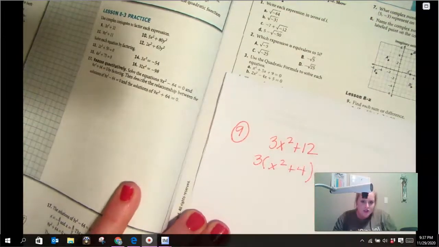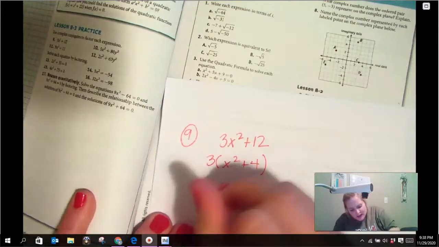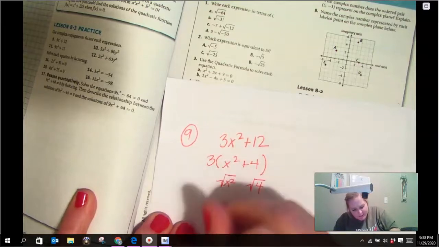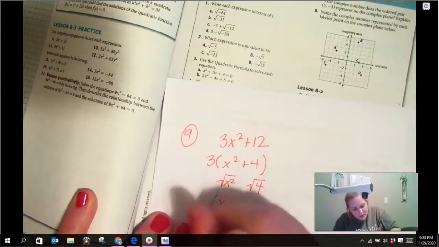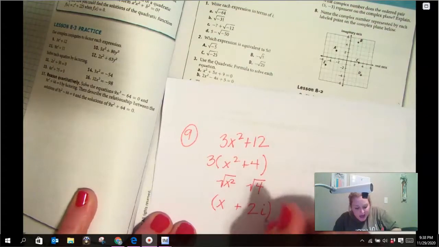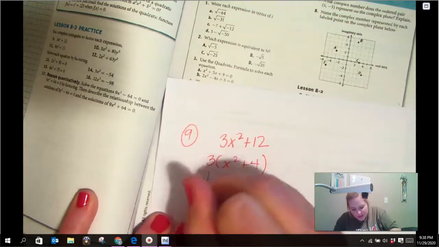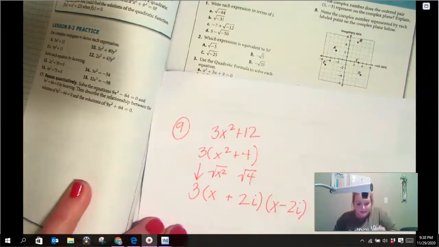That is your sum of squares right there. So I'm going to take the square root of x squared and the square root of 4, which is going to give me x and 2. I'm going to have x plus 2i and x minus 2i, and I'm going to bring down that 3, and that is my answer. Don't forget your i's, okay?